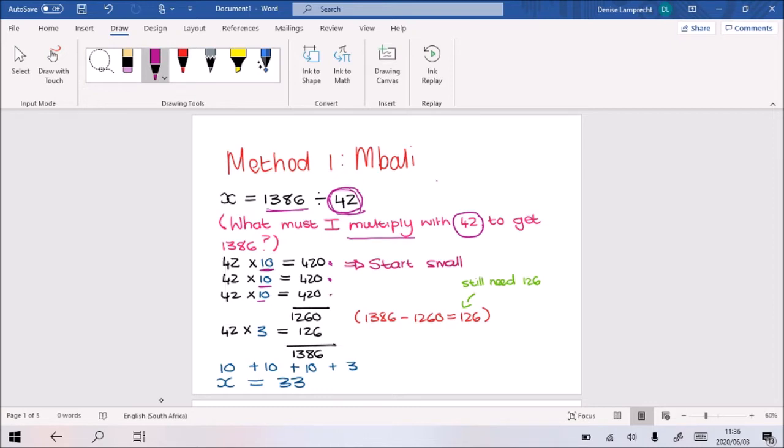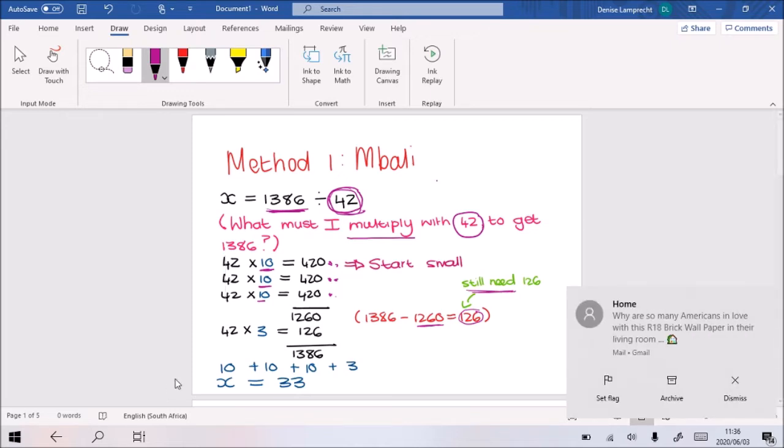After 3 steps, 1, 2, 3, we add up 1260. What do we still need? 1386 minus 1260. That is 126. That is what I still need.